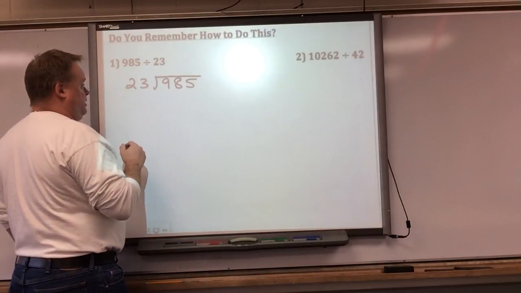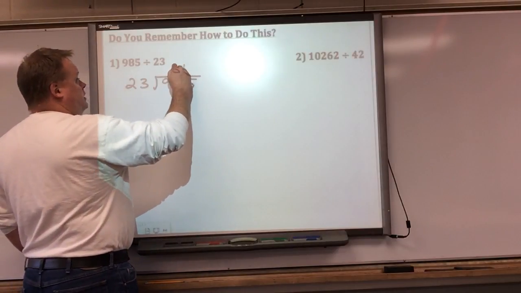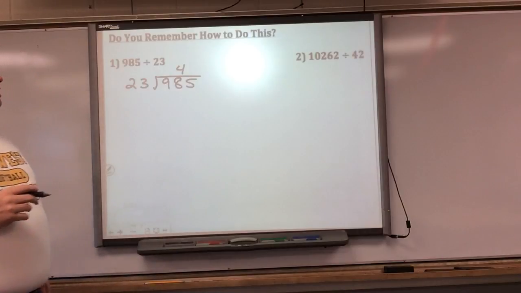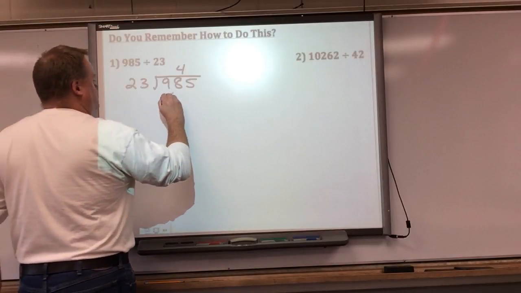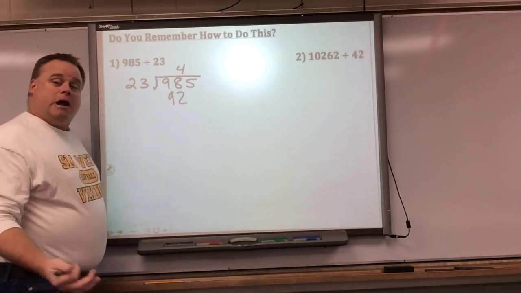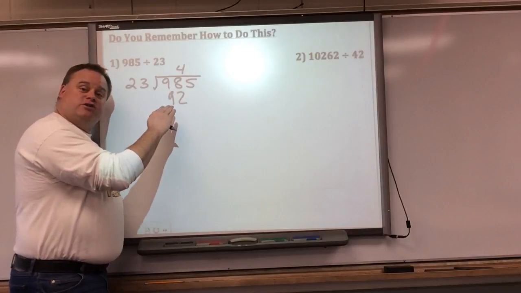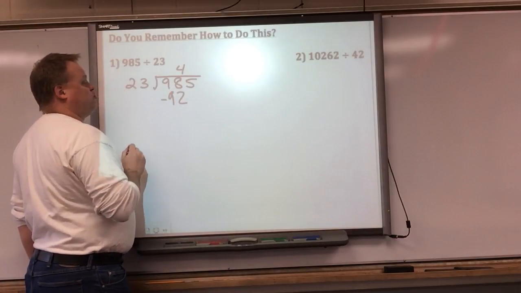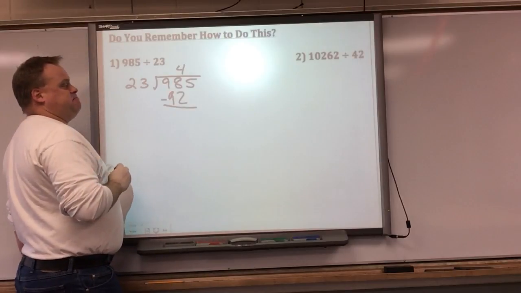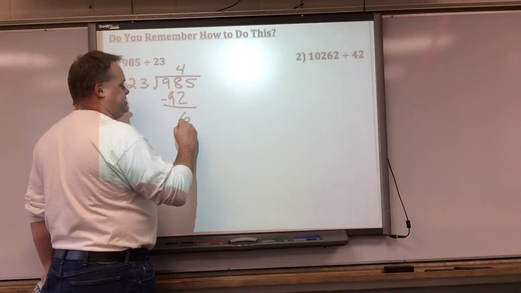Off the top of my head, that should be 4. Because I know that 4 times 23 is going to be, calculator-wise, it says 92. So that goes in there 92 times. Now remember, everything that goes underneath has to be subtracted from. So I'm going to go ahead and subtract this. That's 98 minus 92, which gives me 6.